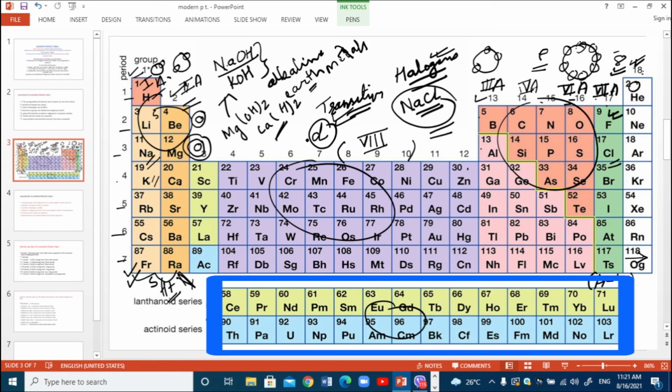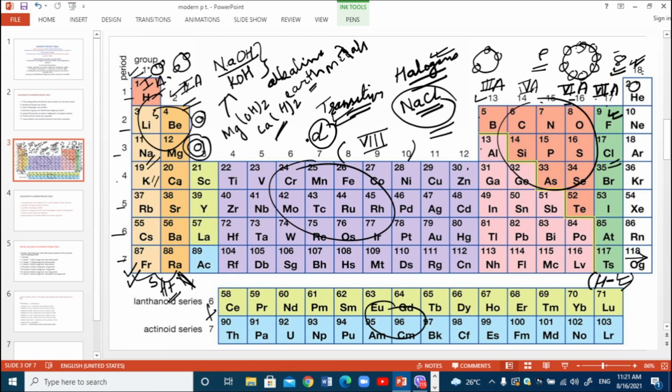These are called F block elements because electrons are being filled in the F subshell in their atomic structure. These are the positions of different kinds of elements in the periodic table. With this, we finish this discussion. In the next part, we are going to see the properties of periods and the groups.